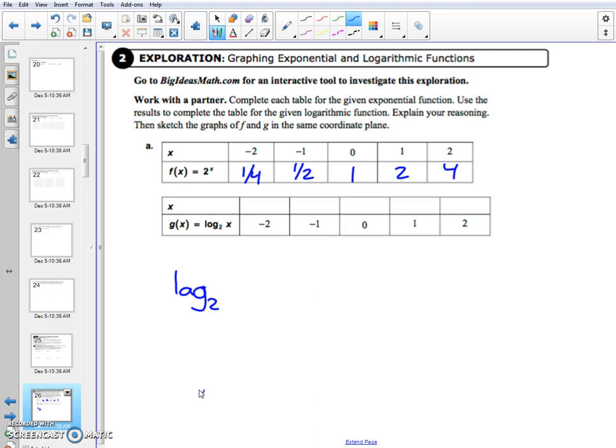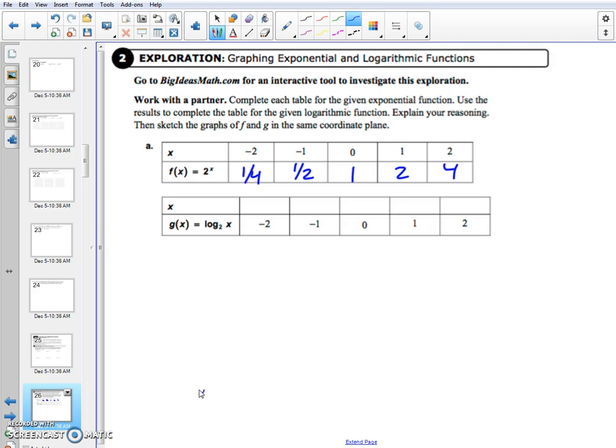But if I did log base 2 of 3, that's going to be a decimal, so not very easy to figure out. So it's actually easier to pick the y values. That's what this table has filled in for us.